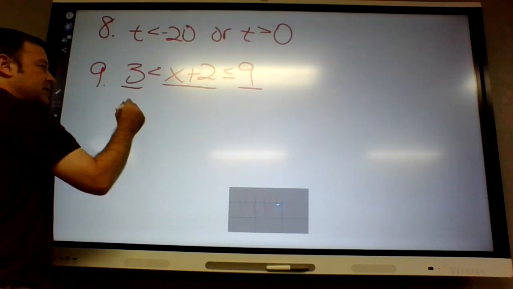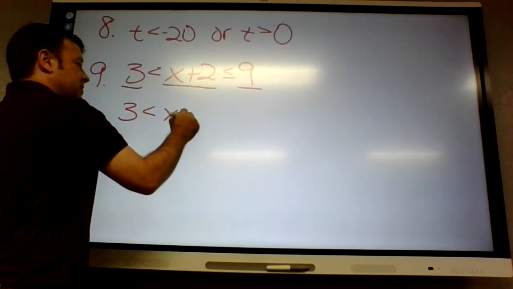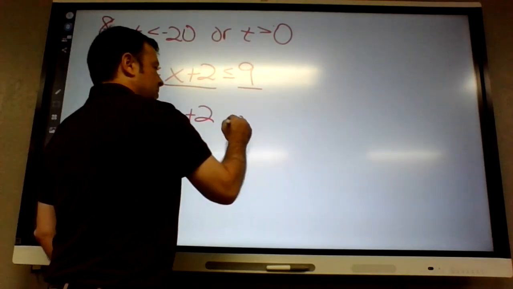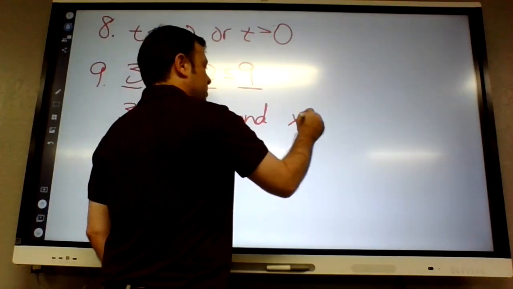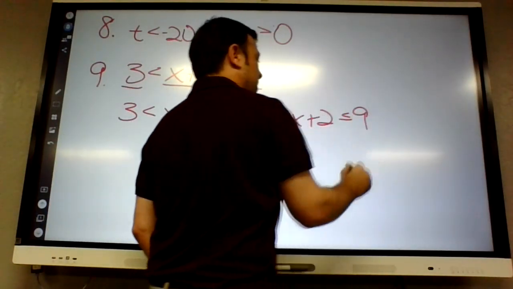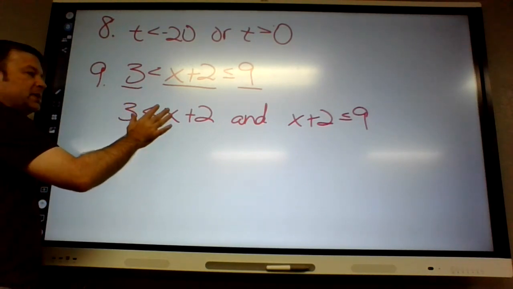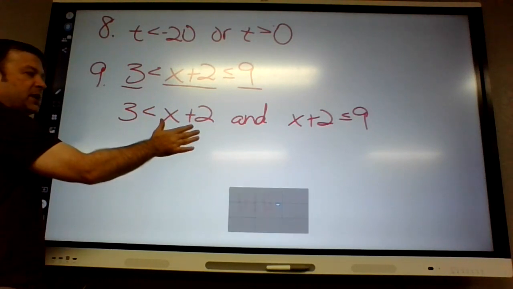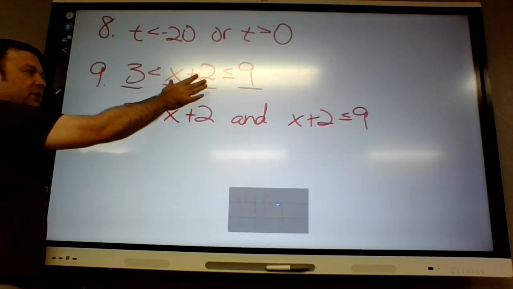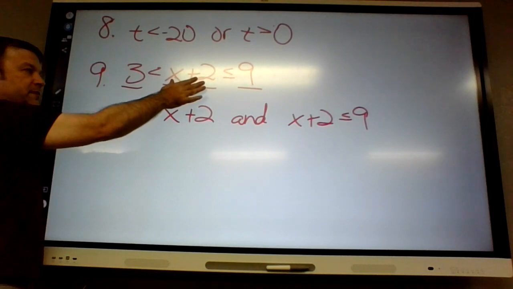What it means is 3 is less than x plus 2 and x plus 2 is less than or equal to 9. So it's kind of like 2 separate statements, but you can solve it like it's one statement. You can solve it all at once. And the way that you do that is just like here, we would just try to get x by itself, right? So up here we just want to get x by itself in the middle.